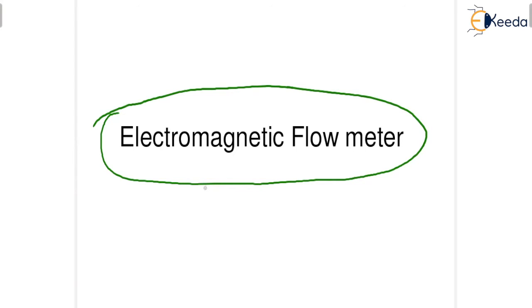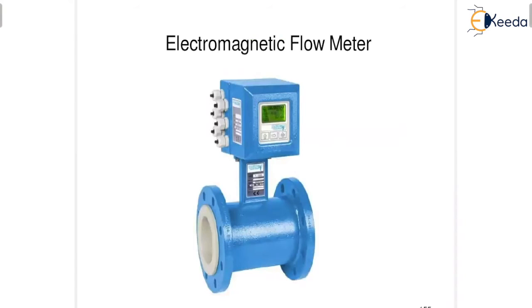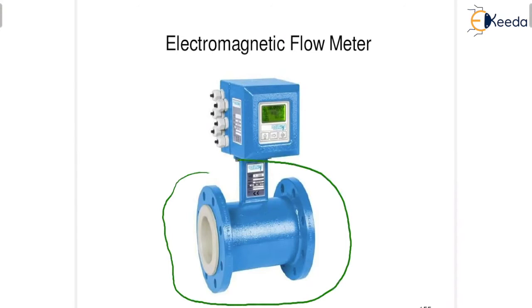They work upon Faraday's law of electromagnetic induction. This is the general electromagnetic flow meter physical device, used for the measurement of the liquid that is flowing through the device.